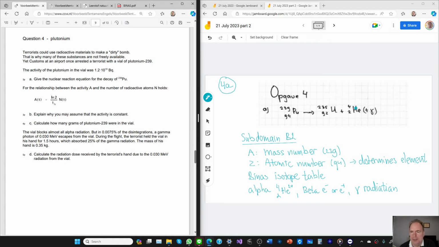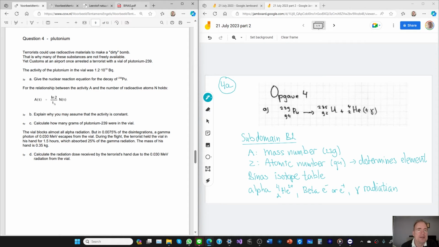So you know an alpha has to come off, and that means that whatever the other atom is, it needs to have a mass number of 235. Now, an alpha particle also has 2 protons in it, so the number of protons was reduced by 2 to 92. So you get some element with the atomic number 92.